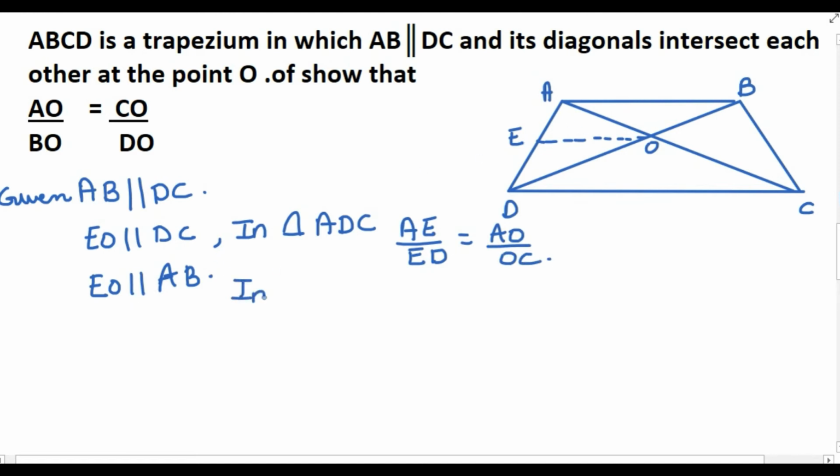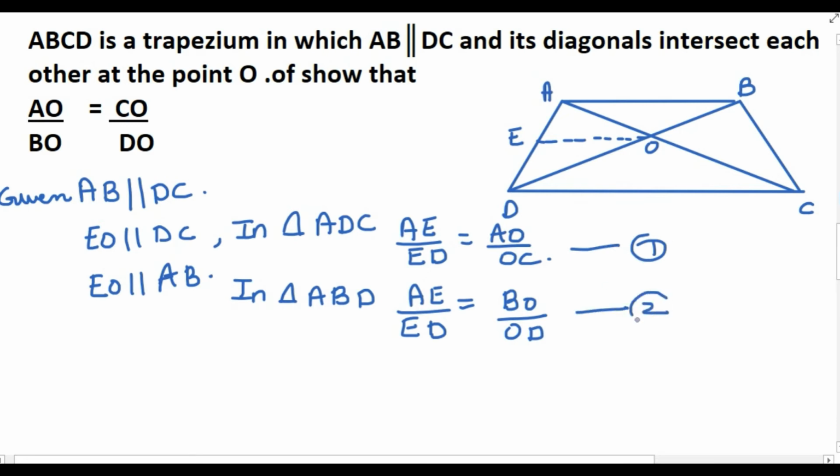For the triangle ABD, again I can write the relation AE divided by ED is equal to BO divided by OD. So give this equation number 1. This is equation number 2.